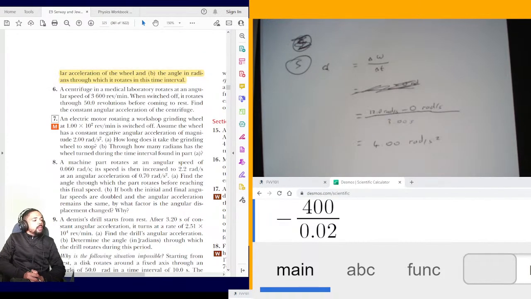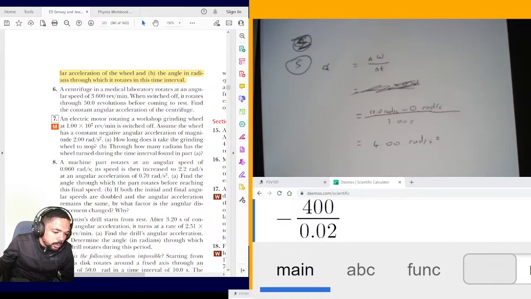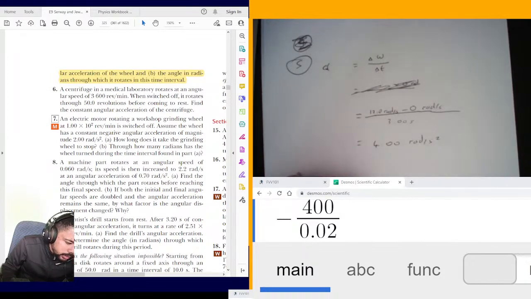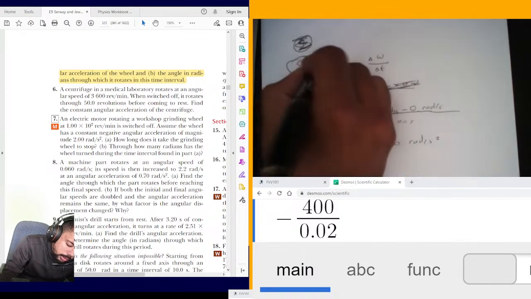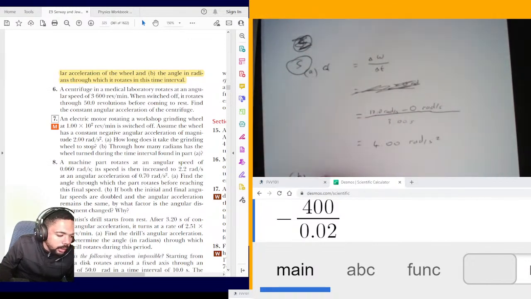Now the angle in radians through which it rotates. That is for A, this is B. We've already gotten the angular acceleration, alpha is equal to 4 radians per second squared.